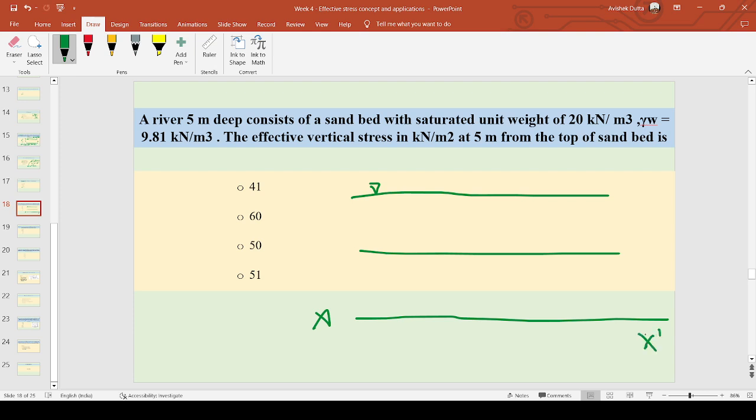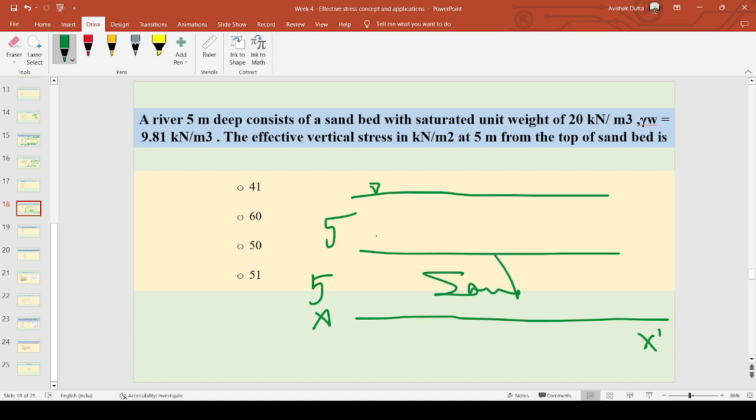In this case, the water is 5 meter, and this is also 5 meter, and this is the sand.